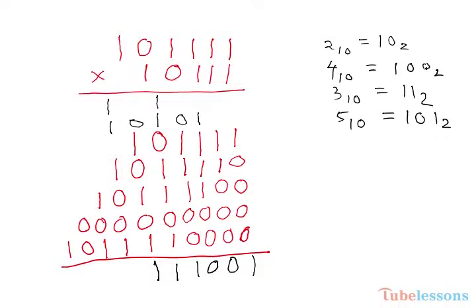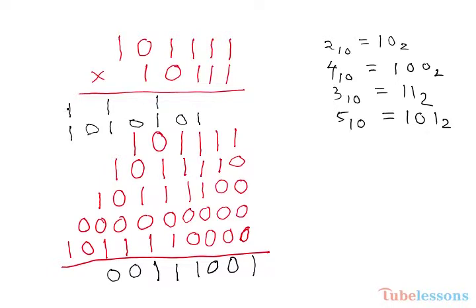So let's put that 0 here. 0 will be carried forward to here and 1 will be carried forward to here. Now 1 plus 1 is 2. 2 is equivalent to binary 10. So let's put that 0 here and 1 will be carried forward to here.